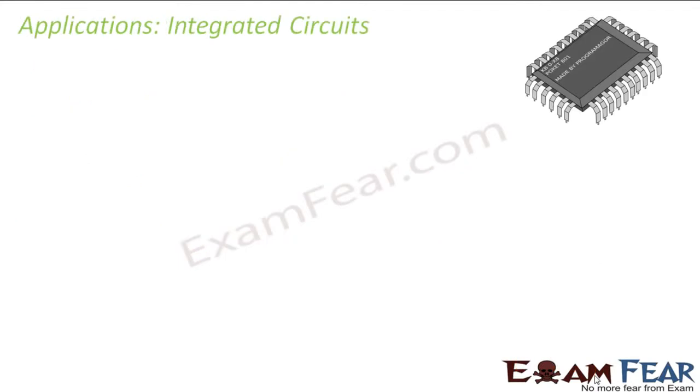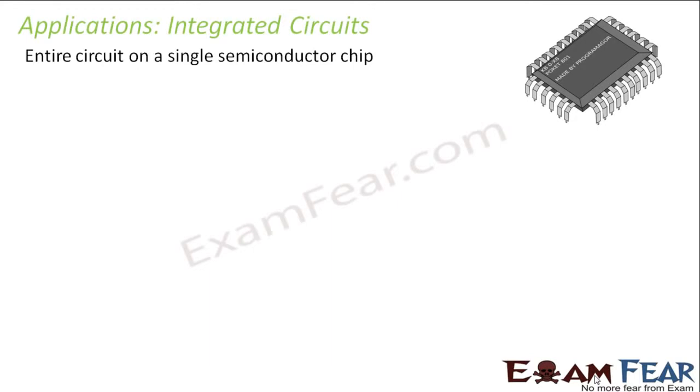Now the most important application of the logic gates is seen in integrated circuits, which you call ICs. What are integrated circuits? Integrated circuits are nothing but the entire circuit fabricated on a single semiconductor chip. Normally you also make circuits in your physics lab, right? Those circuits are generally bulky and large.